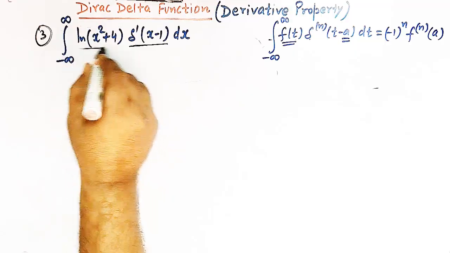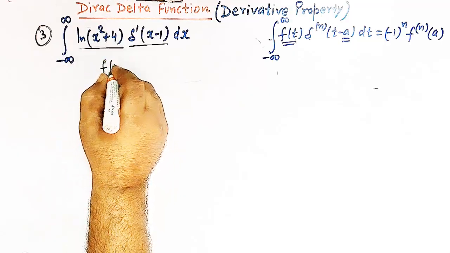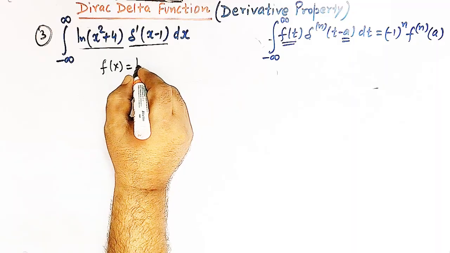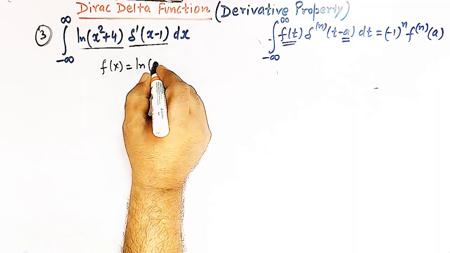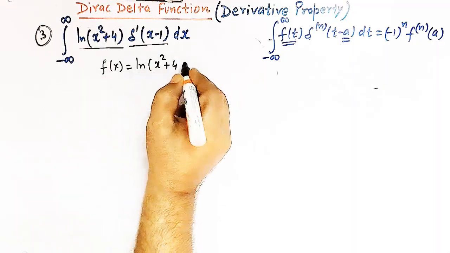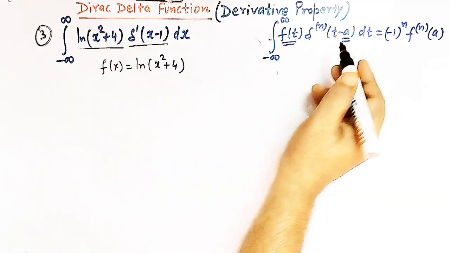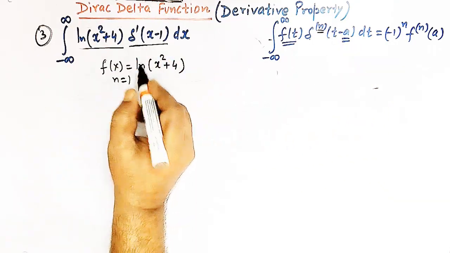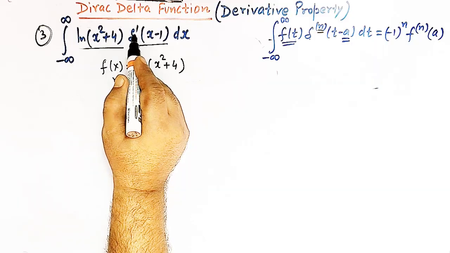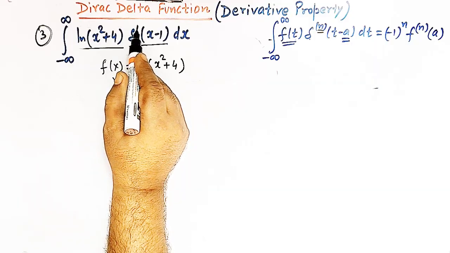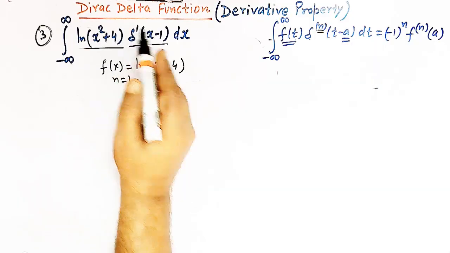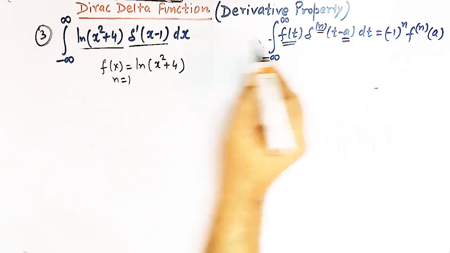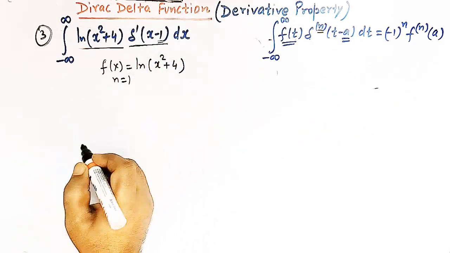So our function f of x is now given by natural log of x square plus 4, and here the value of n is equal to 1 because here we have the first derivative, right, that is delta prime, and the value of a is equal to 1.